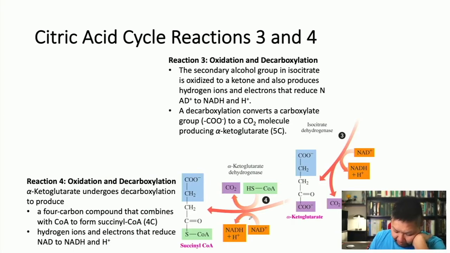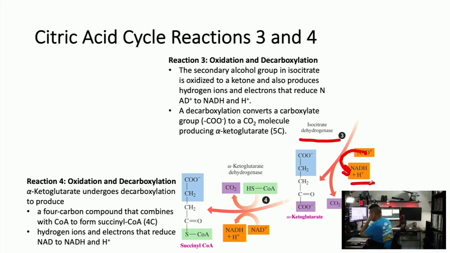Isocitrate continues on into isocitrate dehydrogenase, where it gets oxidized, producing NADH and H+, of course. Our first electron carrier to go to the electron transport chain from the citric acid cycle. And at the same time, a CO2 is produced.